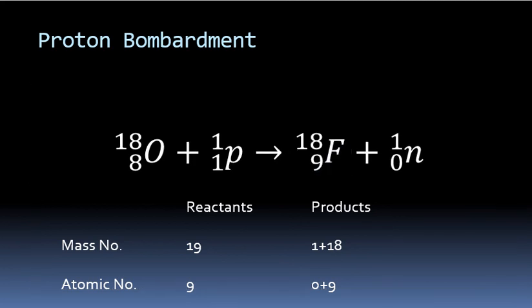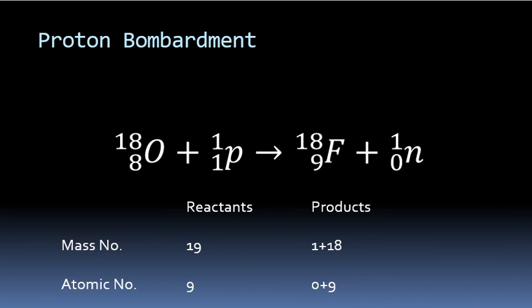So, there we go. You saw situations of decay which involved either positrons, electrons, alpha particles, things like that. You also saw an example of bombardment, in this case proton bombardment. So effectively the key for these nuclear equations is simply balancing out the mass numbers, the top left numbers on both sides of the equation, and then also balancing the lower left atomic numbers on both sides of the equation.